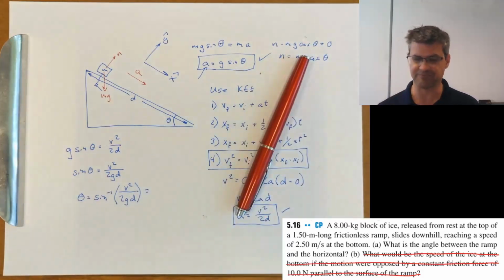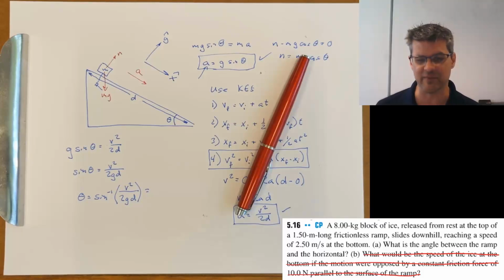We can find it. Now in this problem, we see that d is 1.5 and v is 2.5.